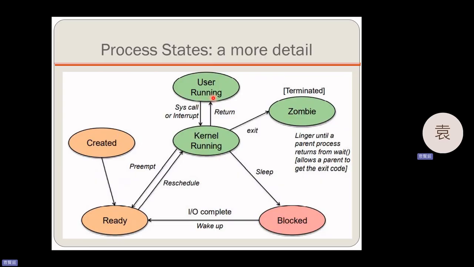So the particular user process will be put in the blocked waiting queue. And again, after the requested I/O completes, the process will be woken up and moved back to the ready state.